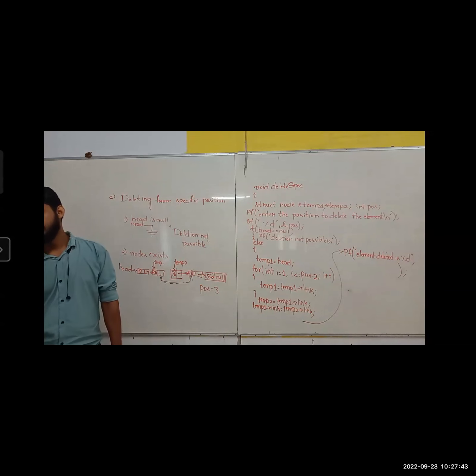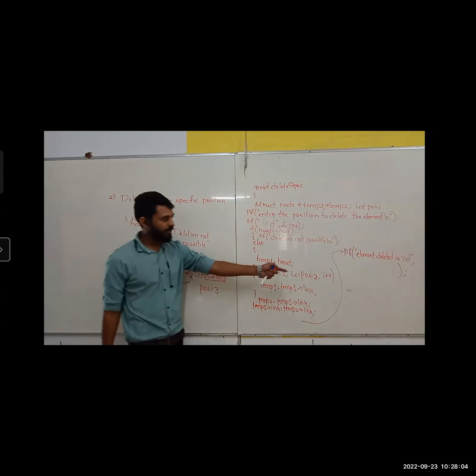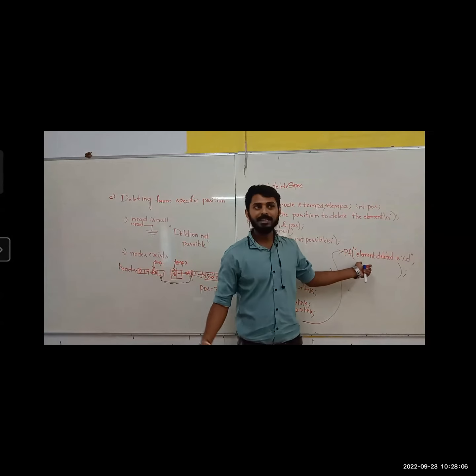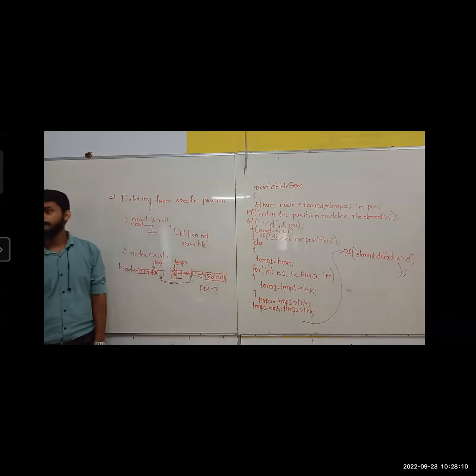Temp 2 value, sir. One thing you guys do: just join the session and check whether the answer is given or not. What should I delete, I'm asking you. What should I print? The statement clearly says I should print which element is going to get deleted. Which element is going to get deleted?